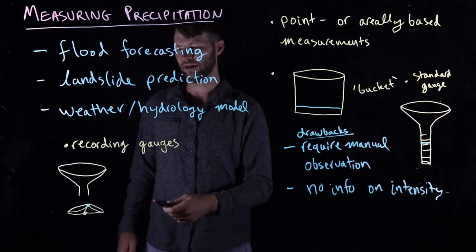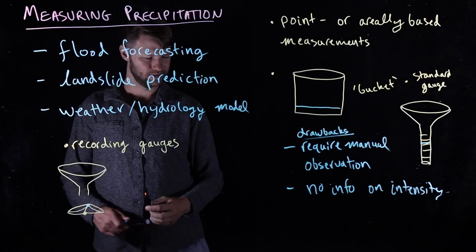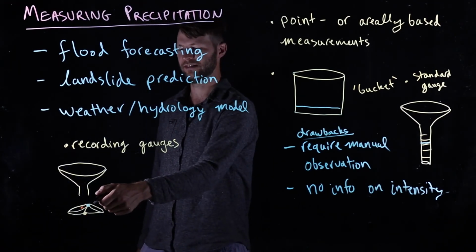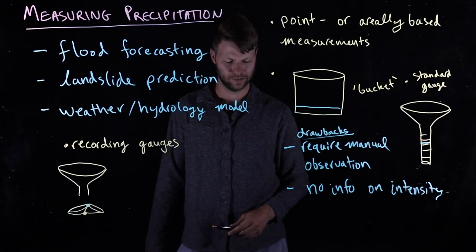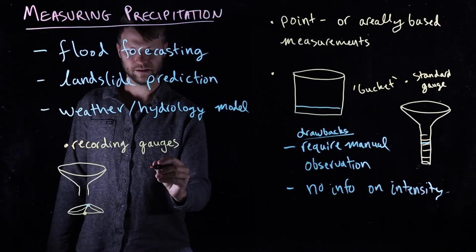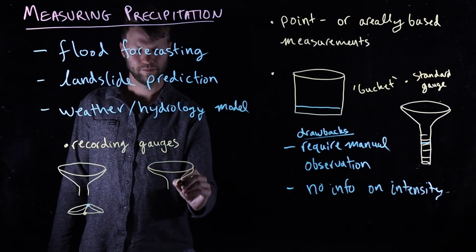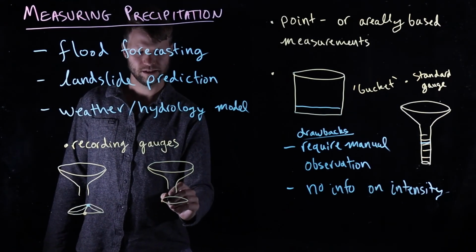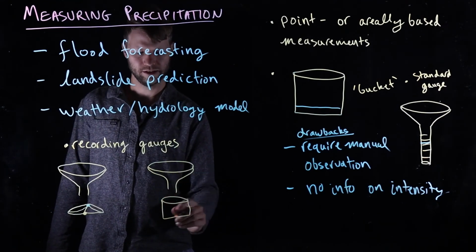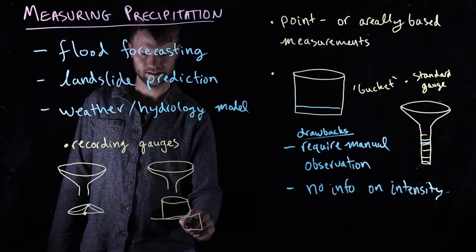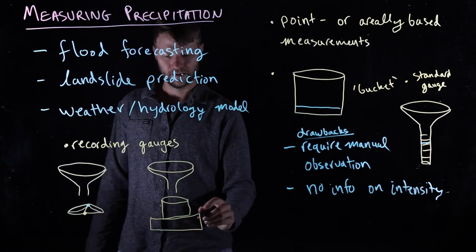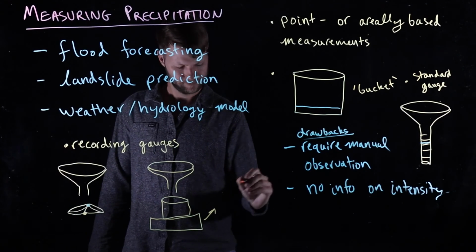And that tells you how much rain fell, as well as the relative intensity, down to at least the volume that's within this bucket. Another type of recording gauge similarly funnels water down, but then it falls into some sort of a cylinder that's sitting on a scale. And so this measures the weight.